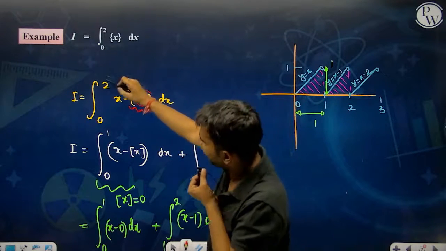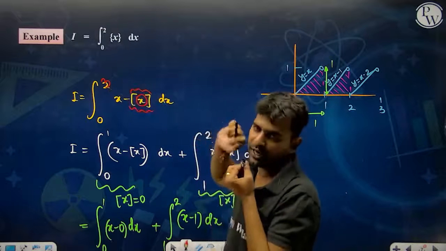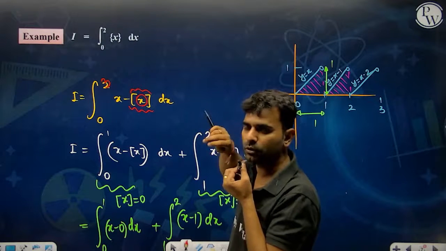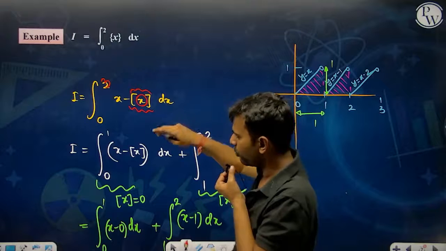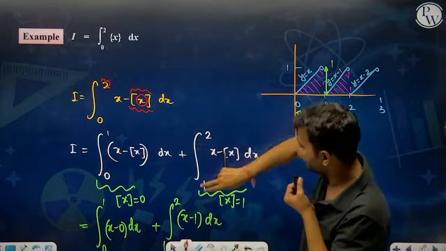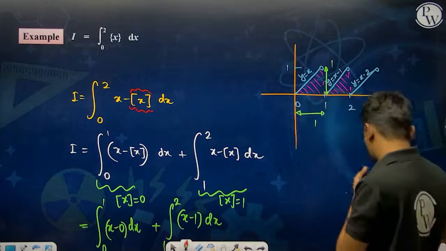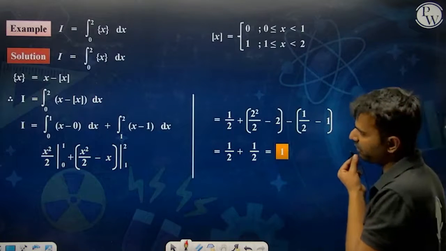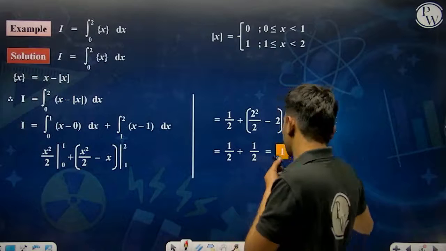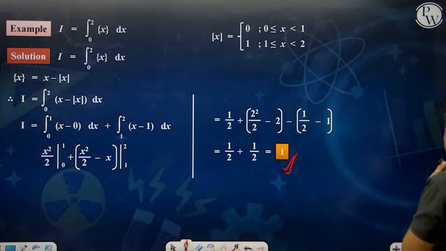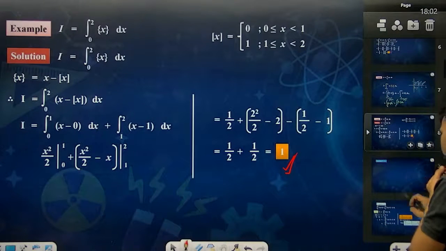If, let's say, it is 0 to 3, then how many integers come between 0 to 3? Two integers, 1 and 2. So we would integrate 0 to 1, then 1 to 2, then 2 to 3. That is how we have to proceed to solve the question. I hope you guys are fine with this. So the answer is coming out to be 1 from this method as well.